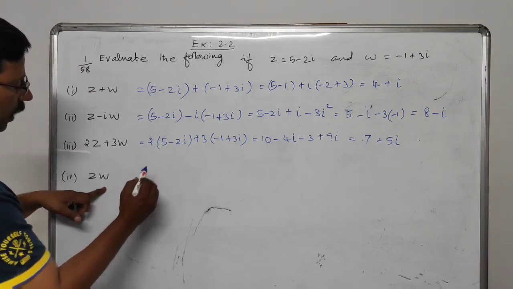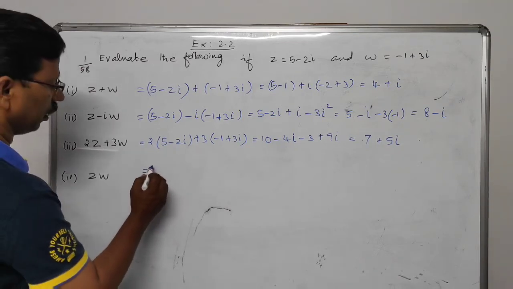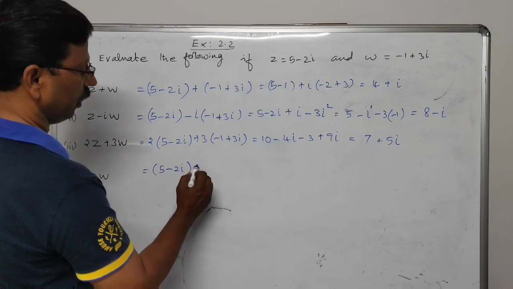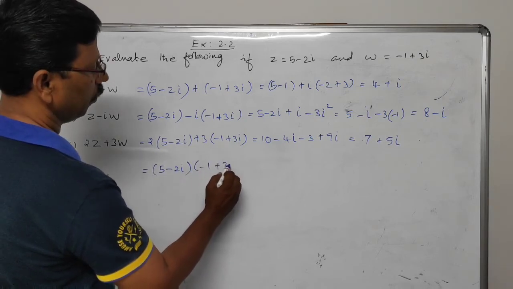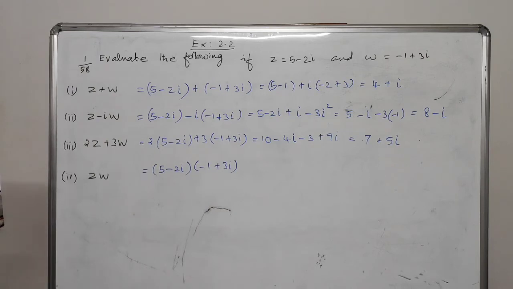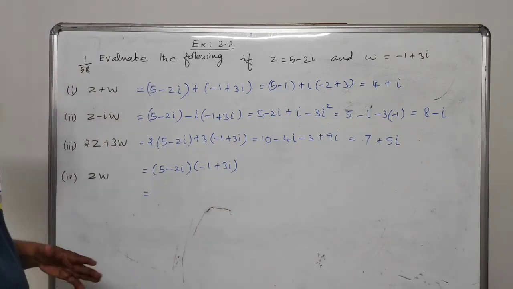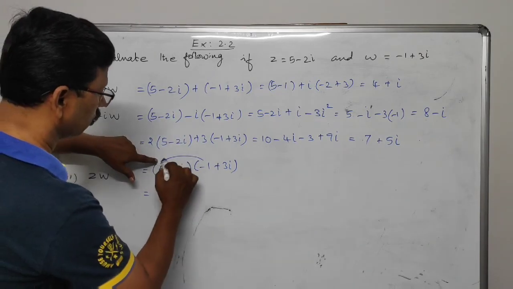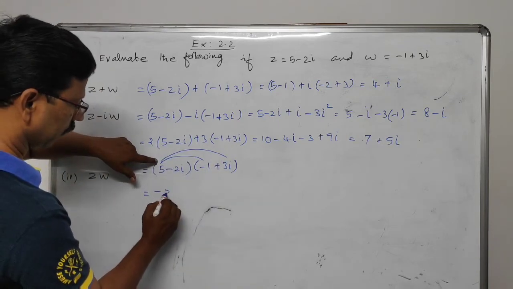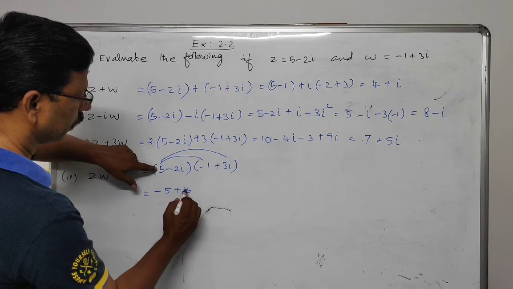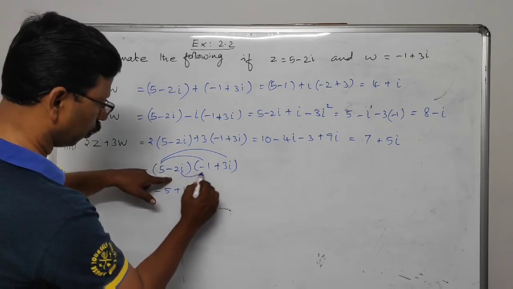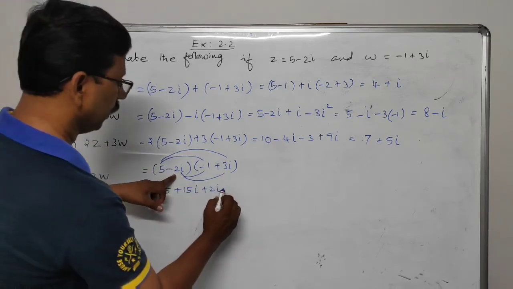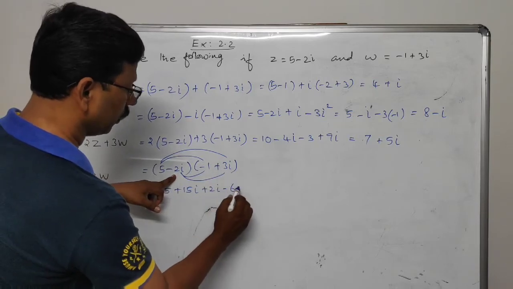Then after that we are going to find the product zw. That is, you have to multiply z with w. The z value is 5 minus 2i into the w value, minus 1 plus 3i. As I told, whenever you want to multiply two complex numbers, it is ordinary multiplication, that is, removal of the brackets. First take 5 and multiply with these two: 5 into minus 1 is minus 5, then plus 15i. Then take minus 2i and multiply with these two: minus into minus gives plus 2i, then minus 2i into 3i equals minus 6i square.